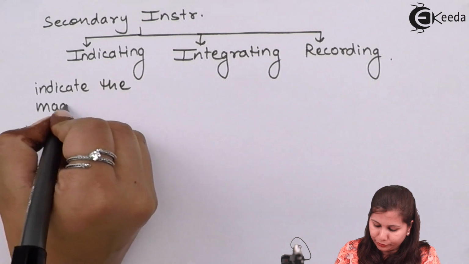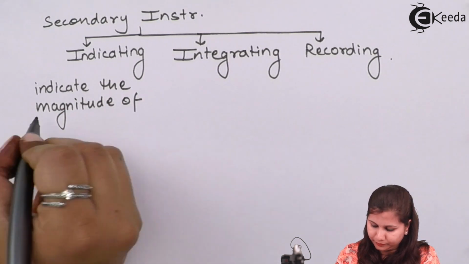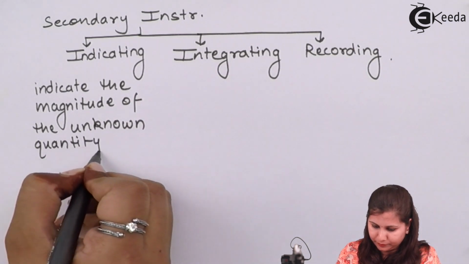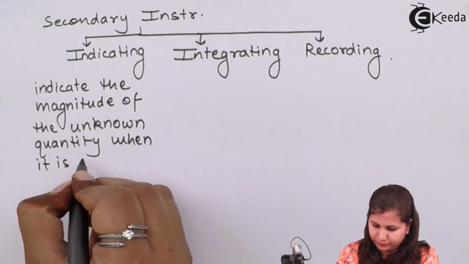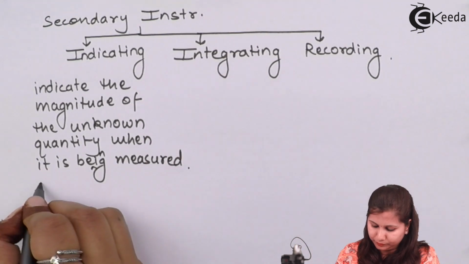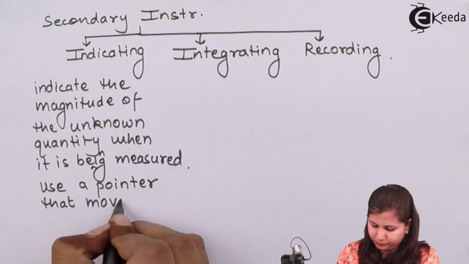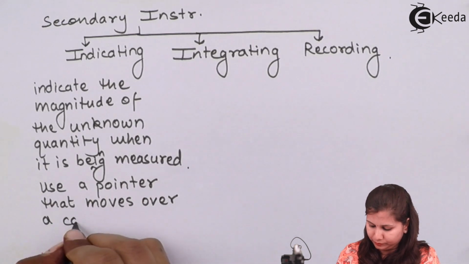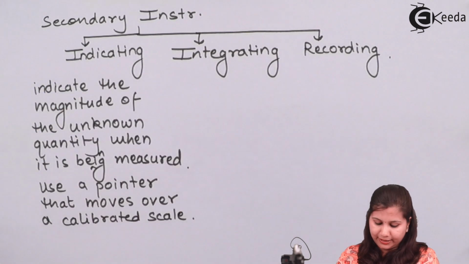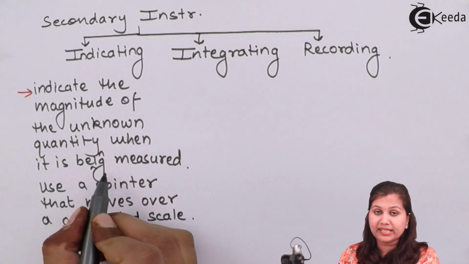The indicating instruments indicate the magnitude of the unknown quantity when it is being measured.